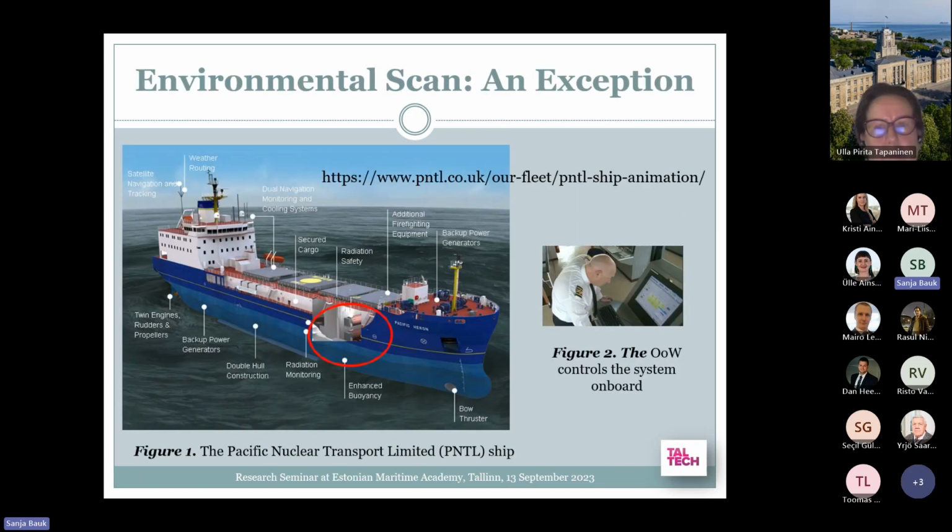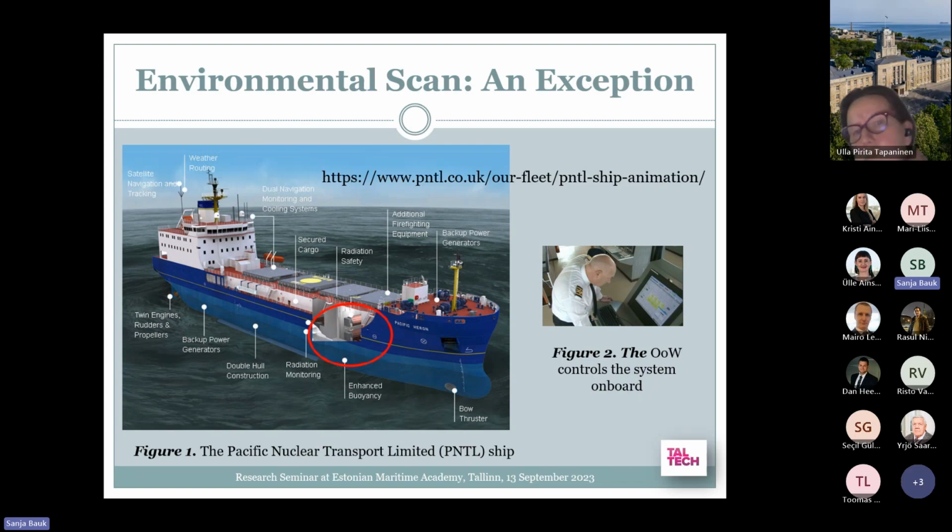Of course, there are always exceptions, and this is an exception. So in this case, we have a dedicated ship for transporting nuclear cargo. And these type of ships have only 20 containers with nuclear waste on board, but still we don't have direct communication between these containers and the control center ashore.